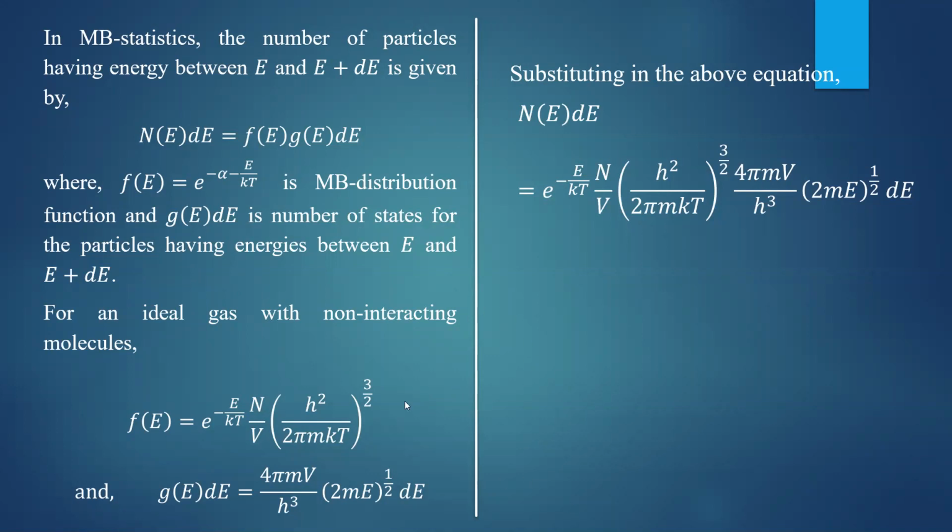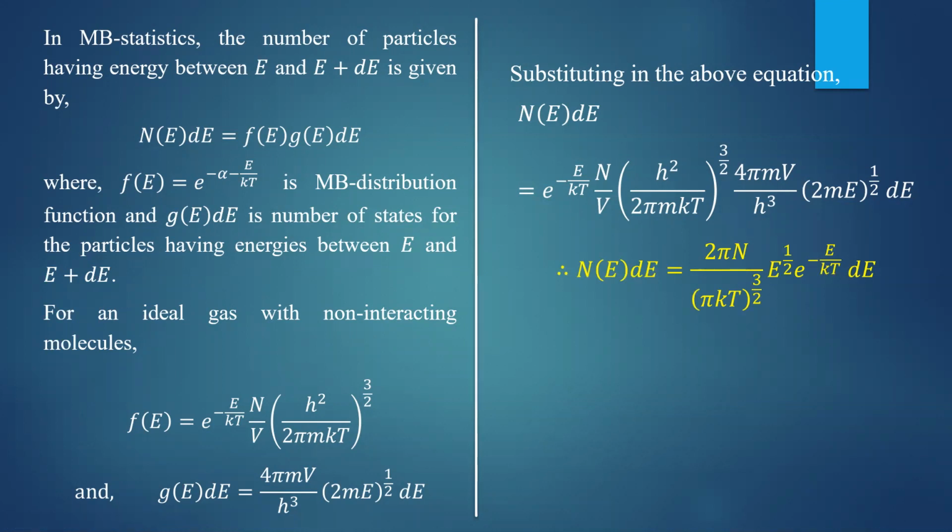So collect all the terms containing pi, m etc. So this will be 4 pi mV, here 2 pi m is there. Cancel the terms which are going to be cancelled.